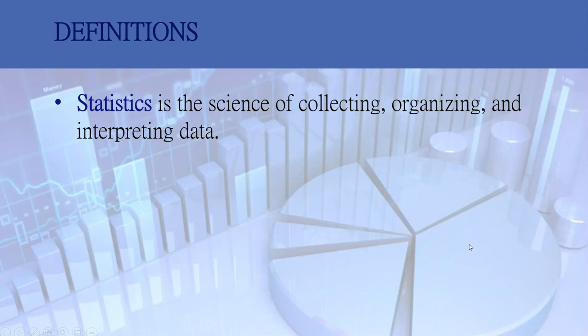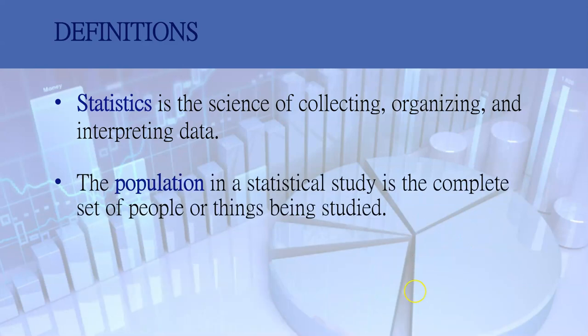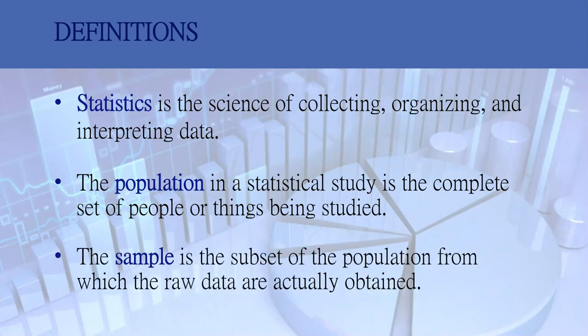So as you know, statistics is the science of collecting, organizing, and interpreting data, but it also is another way to call the data itself. The population in a statistical study is the entire set of whatever it is you're studying. It could be people, or it could be things. And a sample is a piece of that.